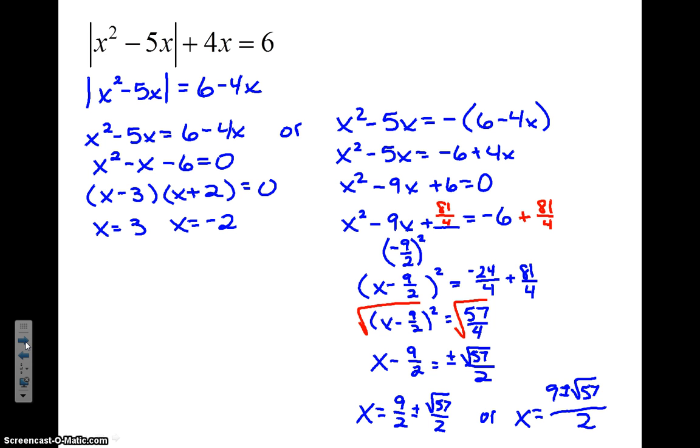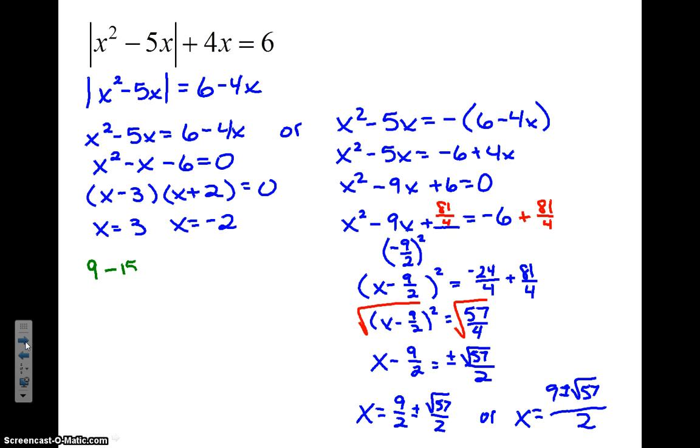Now, we are going to check for extraneous solutions. Just for time purposes, I won't check this 9 plus or minus square root of 57 over 2, but I will check the 3 and the negative 2 that were part of the first side of the equation here. So if I take 3 and I plug it back in for all my x's, that would give me 3 squared, so 9. Let me write this out here.